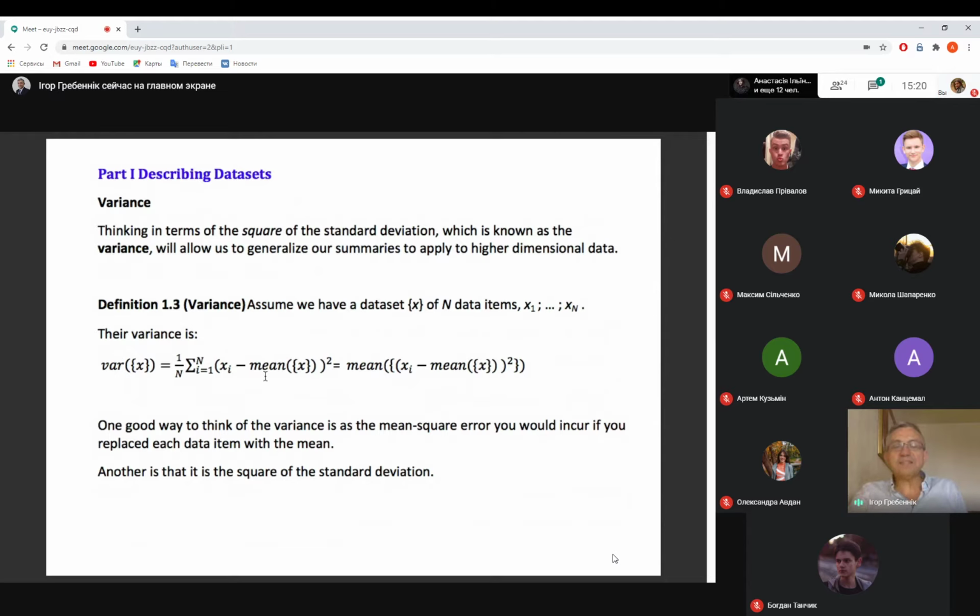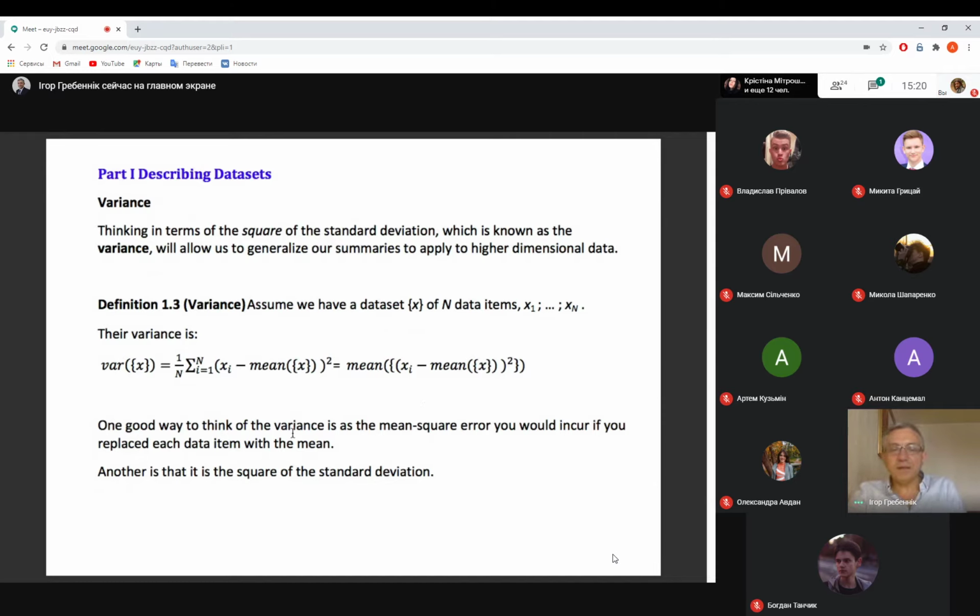How to understand, how to think about the variance? If you substitute elements of data set by the mean value, you will have an error after substitution.